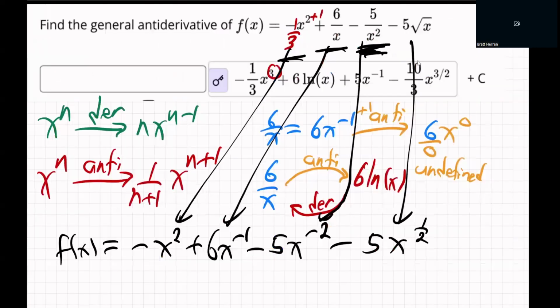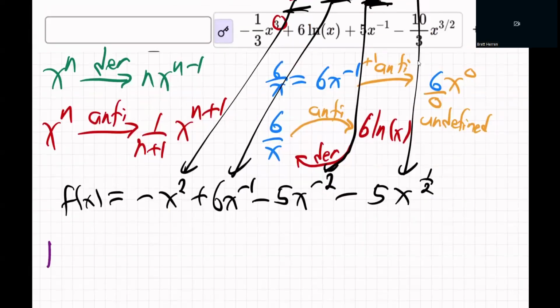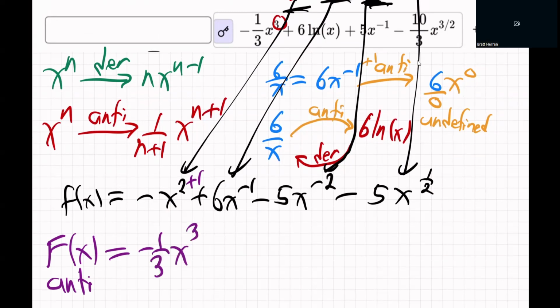And how we write the anti generally is we do a capital F. That's the anti. That's how we do it. We don't do a prime. Anyway, so back to it. You add 1 to the power and then divide by that, right? Better 3 there. We go back and redo these again. This one, we just figured out it's natural log x, because natural log goes back to 1 over x.